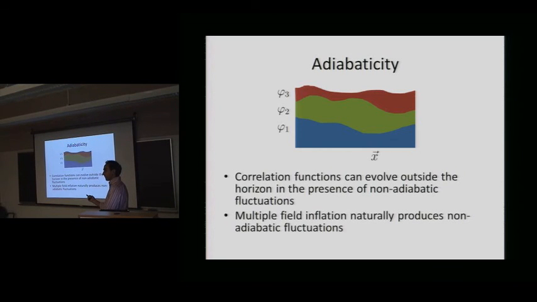There's essentially one scalar degree of freedom which controls fluctuations to all fields. A relative perturbation between two different fields is a non-adiabatic fluctuation. So with two fields, in addition to having them both perturbed in the same way, you can have a relative perturbation between the two fields, which means that at that point in space, there's a different history than at another point in space. Yes, exactly.